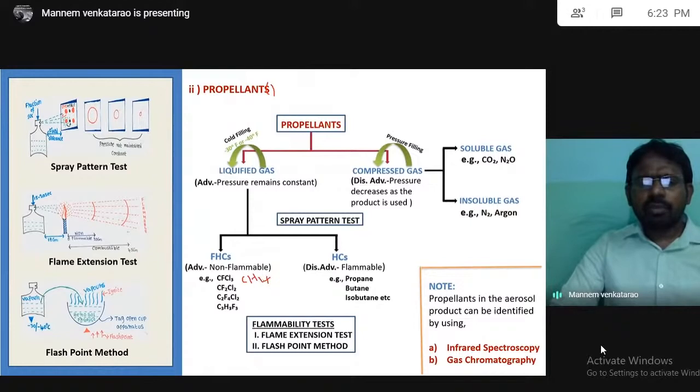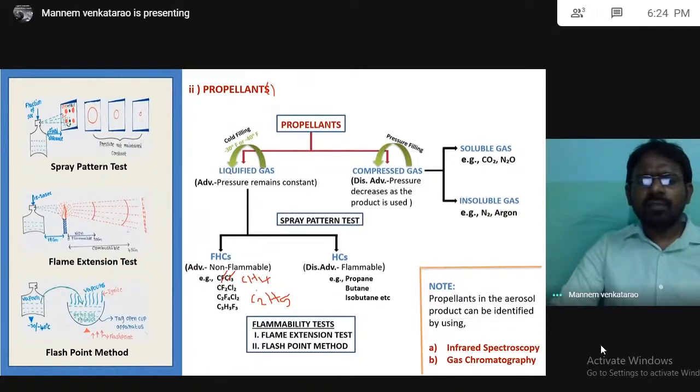Instead of the 4 hydrogen atoms, they are replaced with 3 chlorines and 1 fluorine. That is called trichloromonofluoromethane. Next, difluoromethane. Next, ethane, meaning C2H6. Some hydrogens are replaced with 2 chlorines and fluorines, giving dichlorotetrafluoroethane. Next, difluoroethane. These are the examples for fluorinated hydrocarbons.